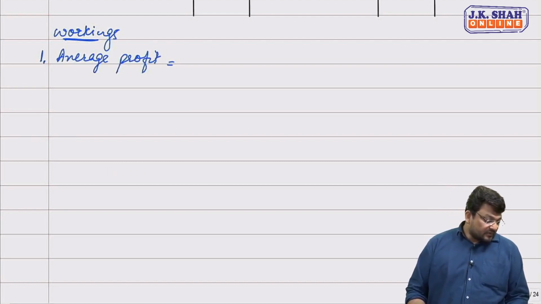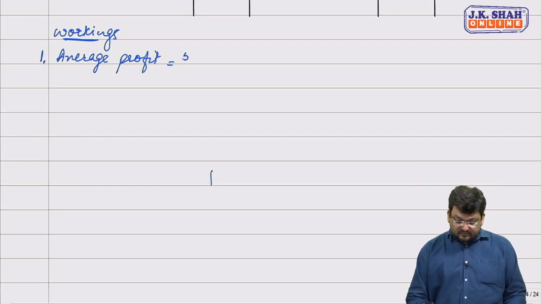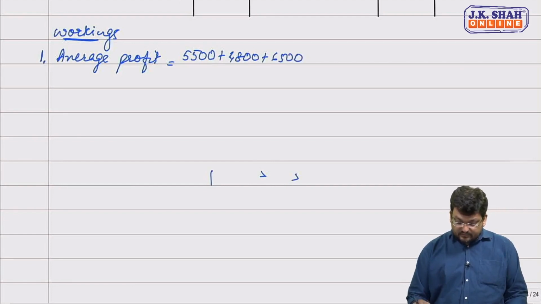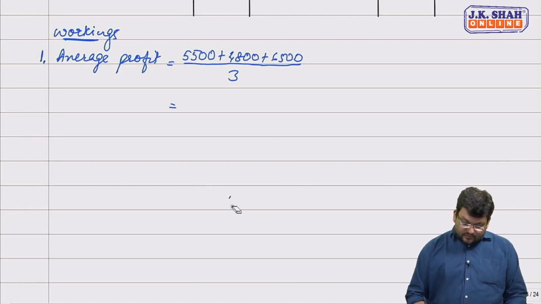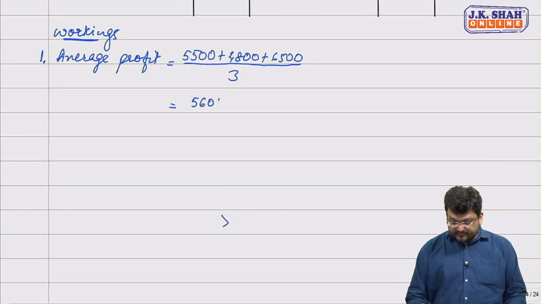You are given profit of 5,500, 4,800 and 6,500. Profit of 3 years is given. So average profit comes to 5,600.